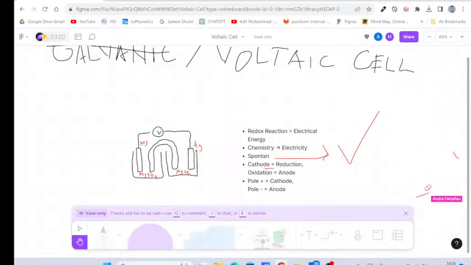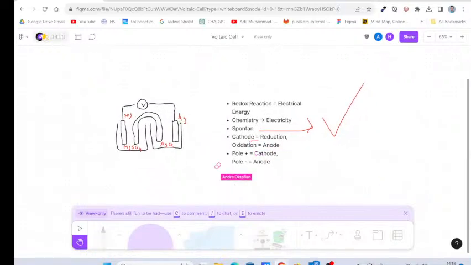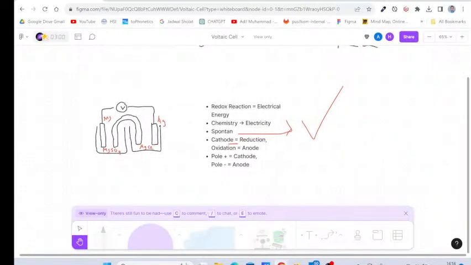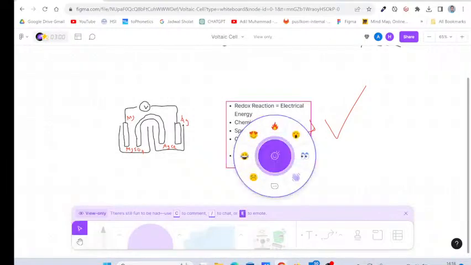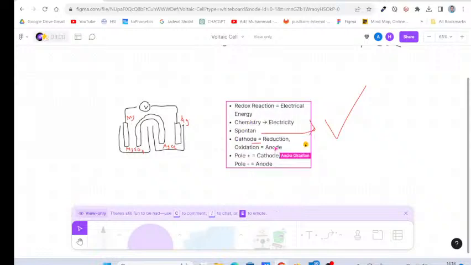And the oxidation here means, well, it refers to the anode. Okay, hold on a second there, cowboy.